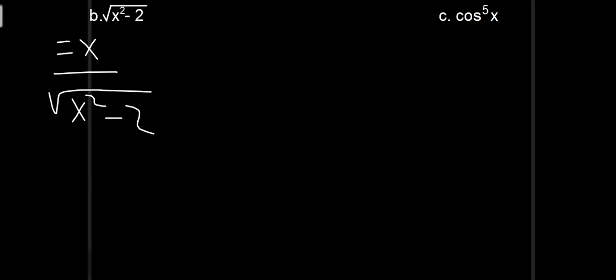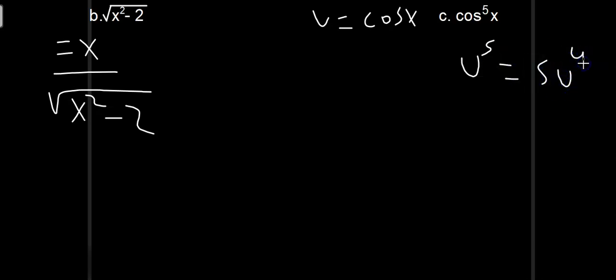Let me do it over here. u is equal to cos x, and now I can substitute u as cos x. When you derivate this thing, you get 5u to the 4.